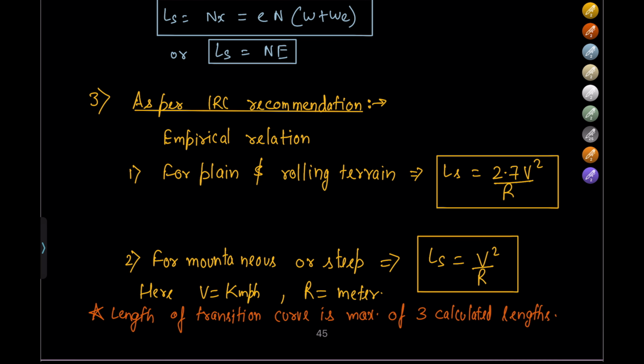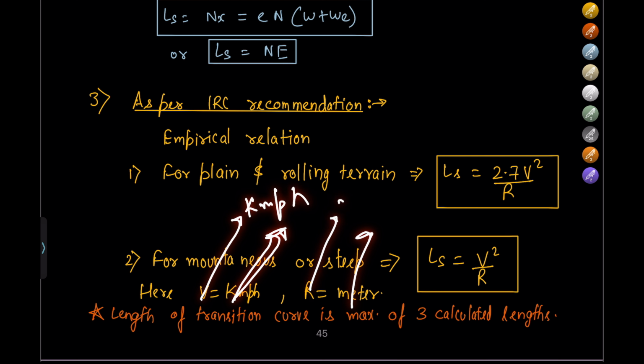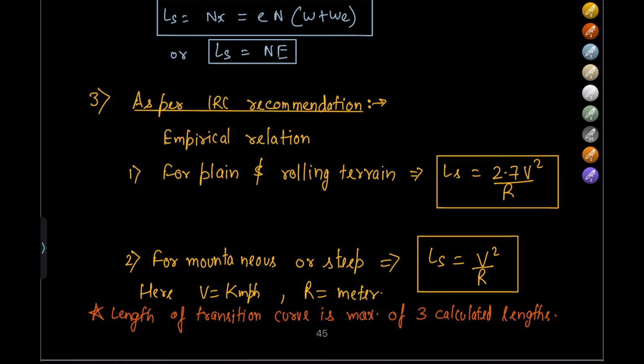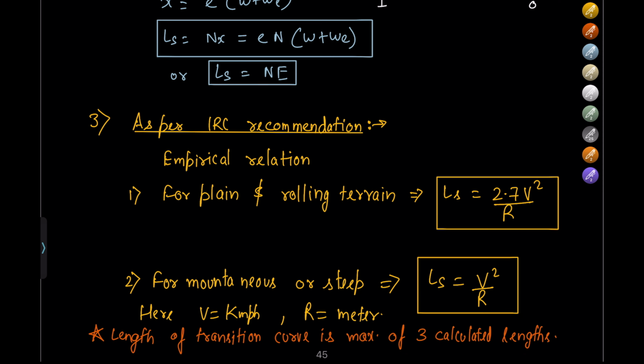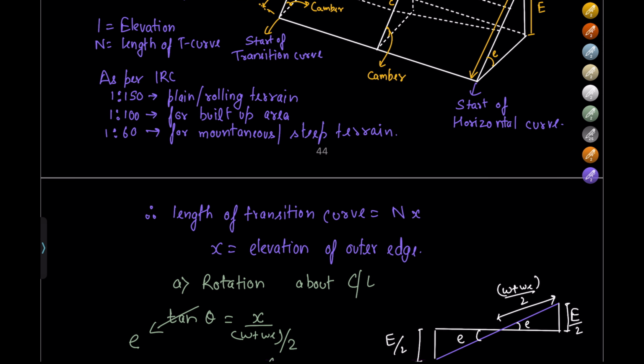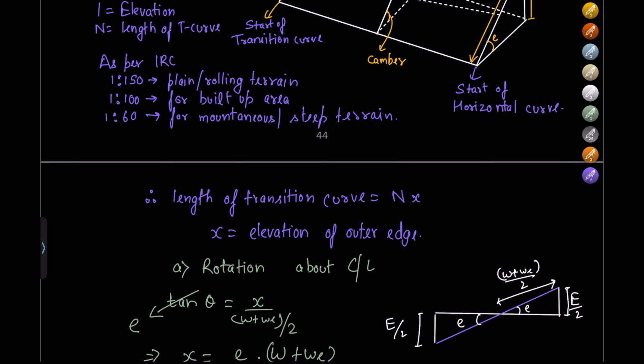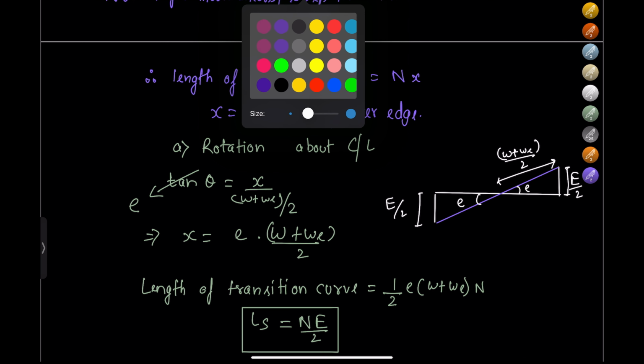Since it is an empirical relation, we have to take values as given by the code only. So V is to be taken as kmph, and R is to be taken as meter, right? The length of transition curve is calculated for all these values, and the maximum value of length of transition curve is found out, right?